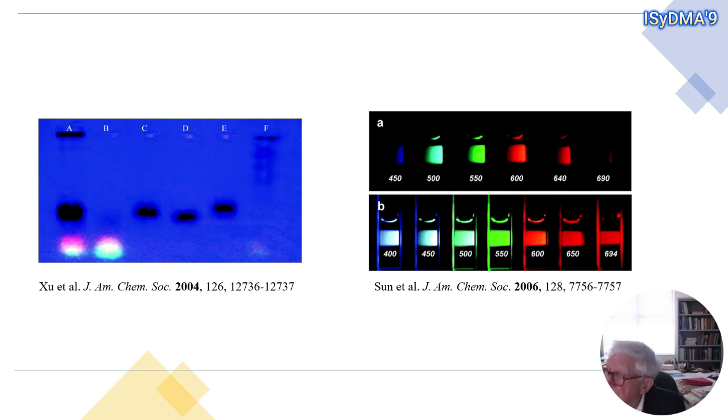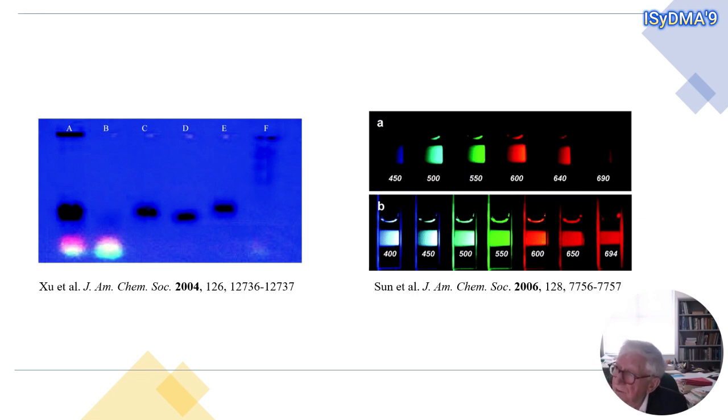But Sun took over this work and found that if you take a solution of these two spots and shine light on the solution, using a filter to have a specific wavelength, at 450, 500, 560, etc., there is a different color for the solution.